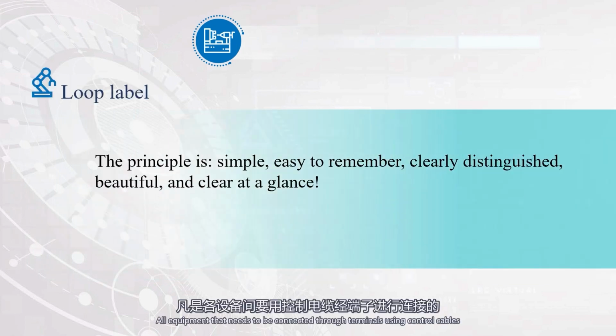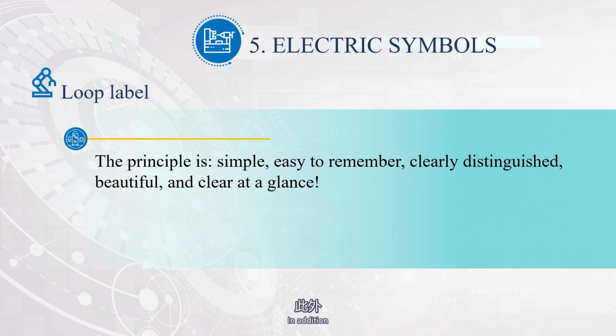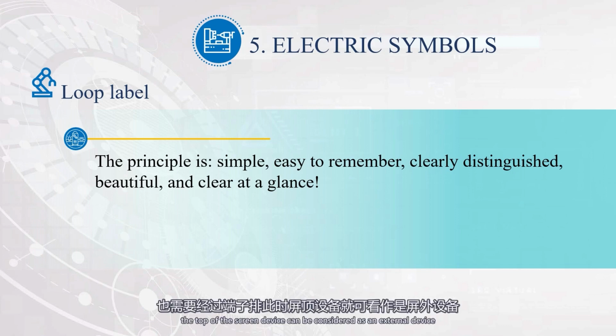All equipment that needs to be connected through terminals using control cables should be labeled according to the principle of circuit numbering. In addition, some devices at the top of the screen also need to be connected to the internal devices through terminal strips. At this point, the top of the screen device can be considered as an external device, and its wire is also labeled according to the circuit numbering principle.